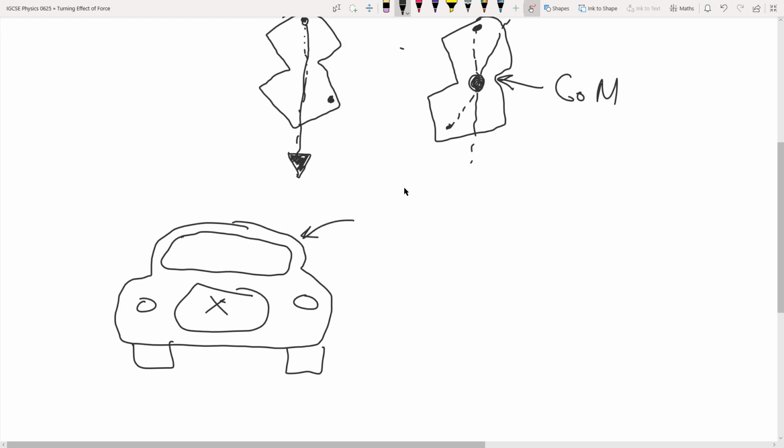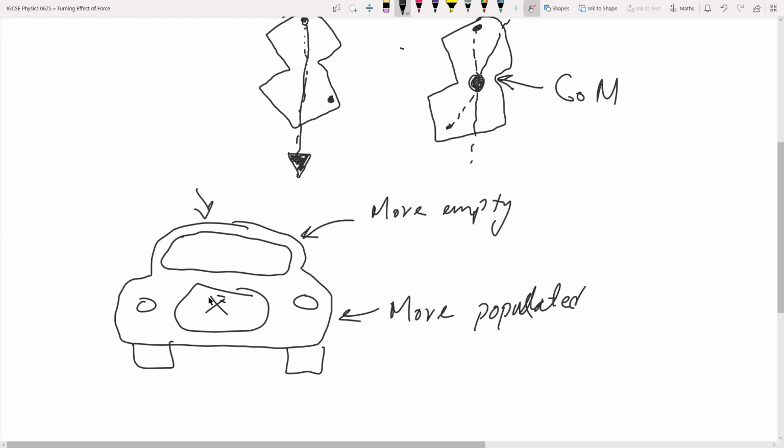Because the top is more empty space and the bottom is more populated. Why more populated? Because we have the engine here, we have the wheel assemblies, all the components of the car which are lower than this top. So the center of mass is right here.